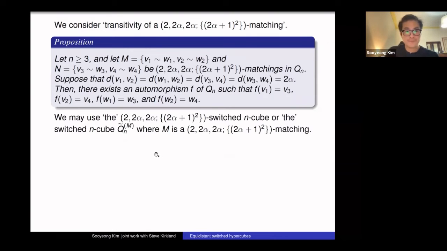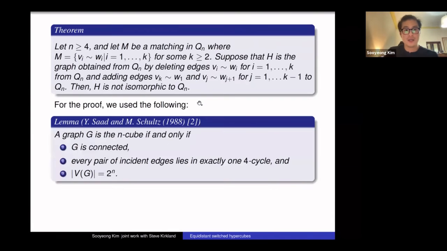Okay, and then let's consider this theorem, which is about the non-isomorphism between Qn and the resulting graph obtained by switching. Here it's a bit more general version, because we do not consider equidistant matching.